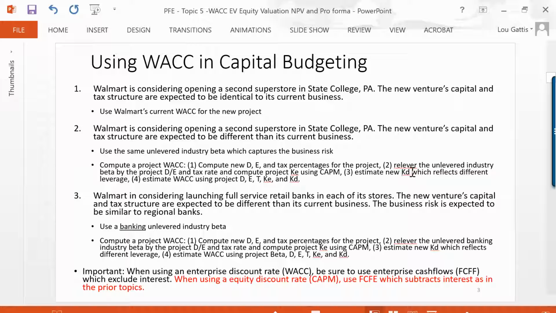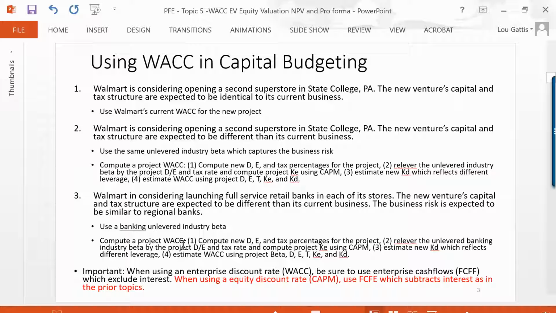So you might have a new estimate of the cost of debt based on the creditworthiness of this new enterprise. So the idea is risk is separated into business risk and financial risk. Business risk is captured by the unlevered beta. Financial risk is captured by the debt to equity ratio and tax rate to get the levered beta.